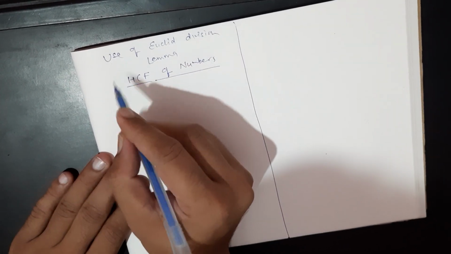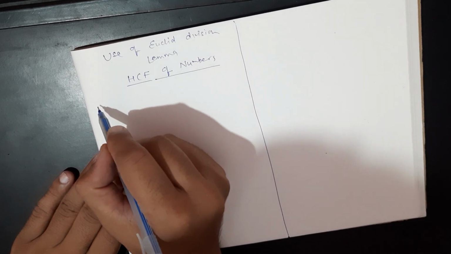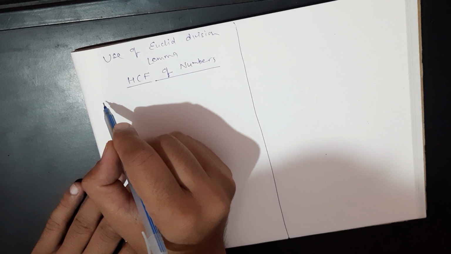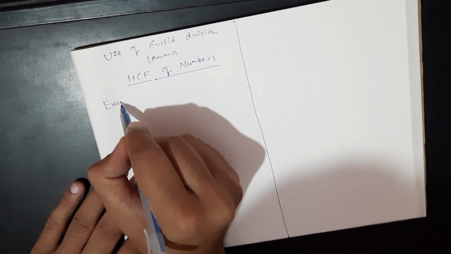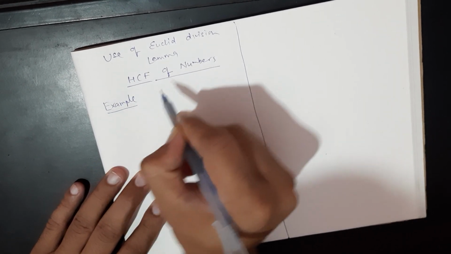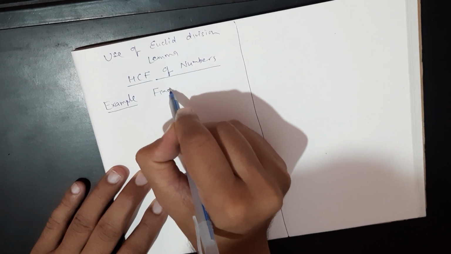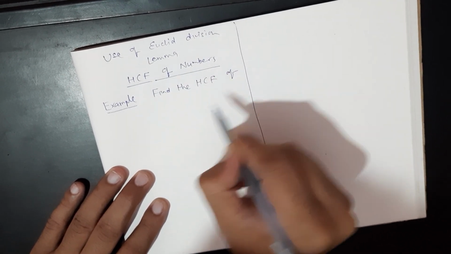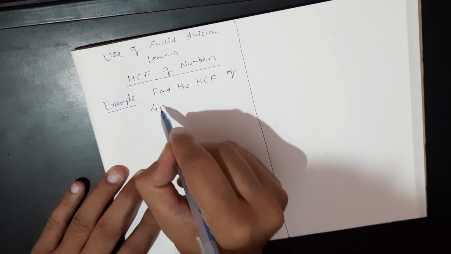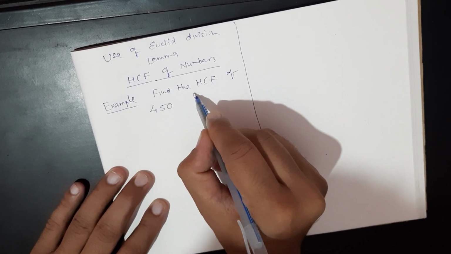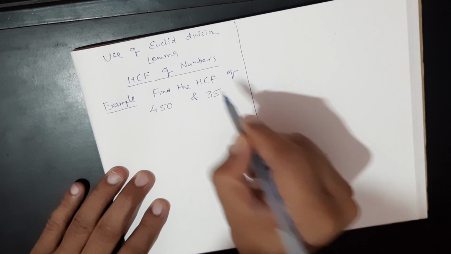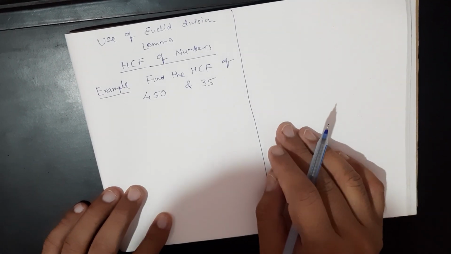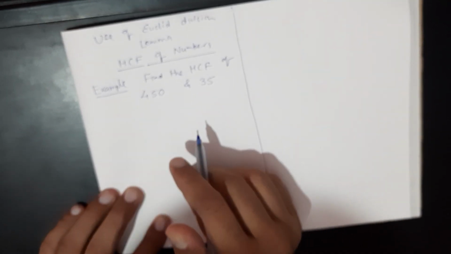So we want to take first example of your book or some other questions which is maybe easy for you. So I'm taking example from my side only. Find the HCF of 450 and 135. I want to find the HCF of these two numbers.